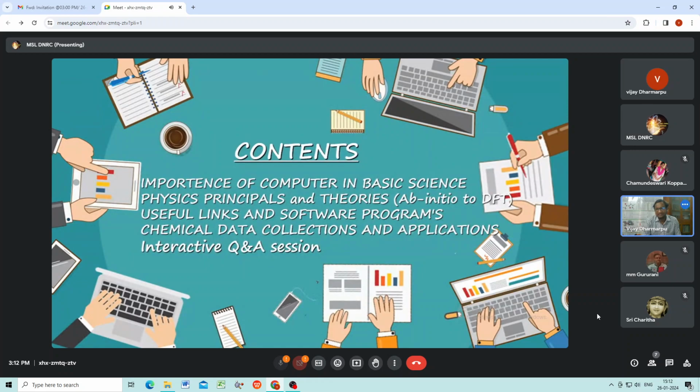These are the small concepts. What is behind these concepts? Physics. I would like to explain some physics principles and theories connected to DFT studies, ab initio studies, first principle studies, molecular dynamic simulations, and all.